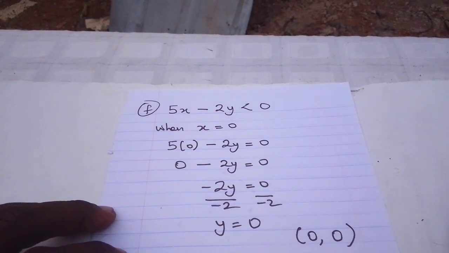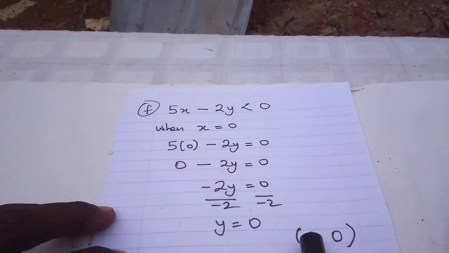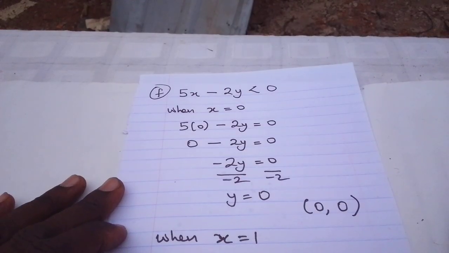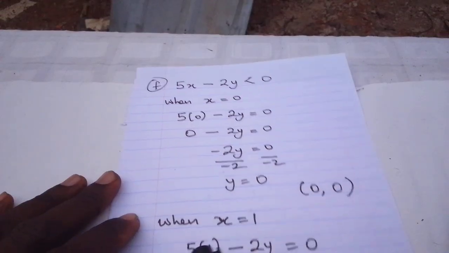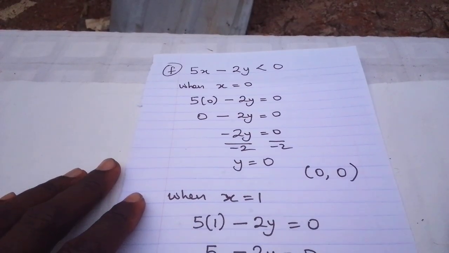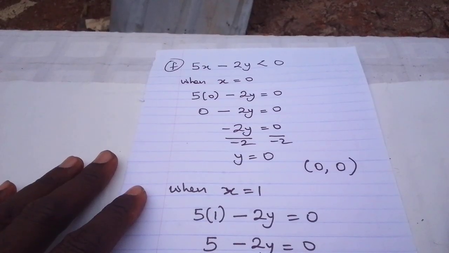Now, since we've picked when x is 0, if we do when y is 0, it will still give us the same thing. So let's pick another number apart from 0. Let's say when x is 1, what will be the corresponding value for y? You substitute there, so 5 times 1 minus 2y is equal to 0. 5 times 1 will give us 5, minus 2y is equal to 0.